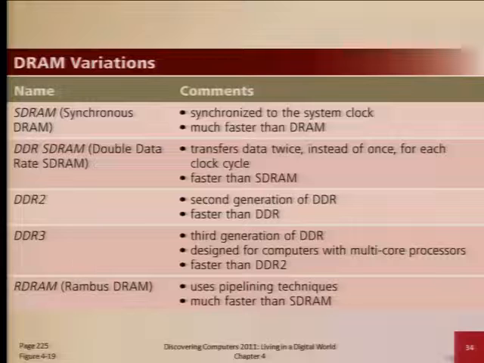Every time you change the generation, you expect the access time to reduce and the transfer rate to improve. And the last type is a special type called RDRAM, which is RAM bus. It's a special bus that makes use of what? Pipelining. We heard about pipelining, right? So it can achieve a certain degree of parallelism so that it can improve the transfer rate.